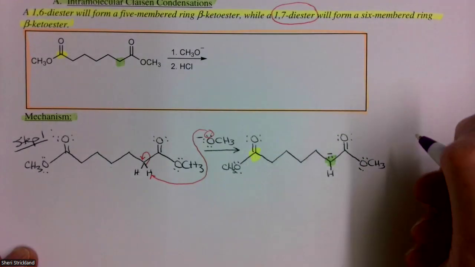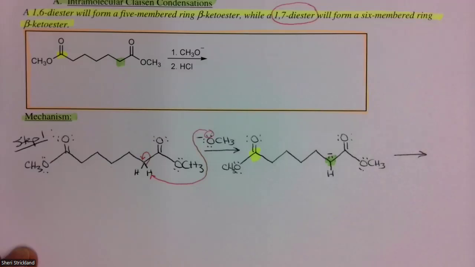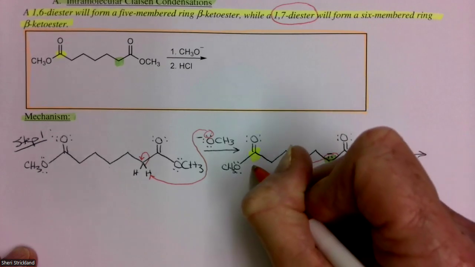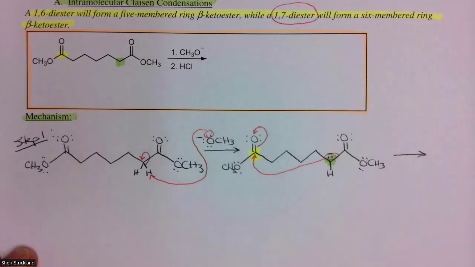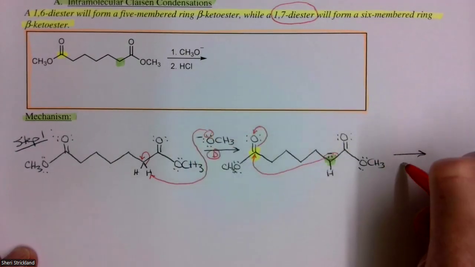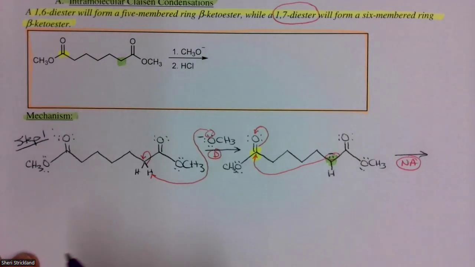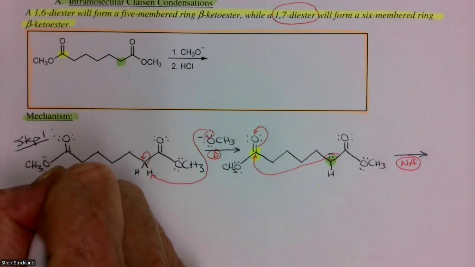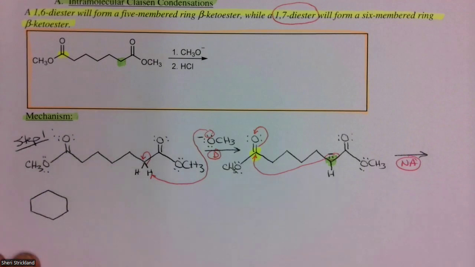And so we have the nucleophilic attack of this nucleophilic atom on the electrophilic atom. The electrons go up onto the oxygen. So let's put in some annotations here. All right, so this is going to make a 6-membered ring.